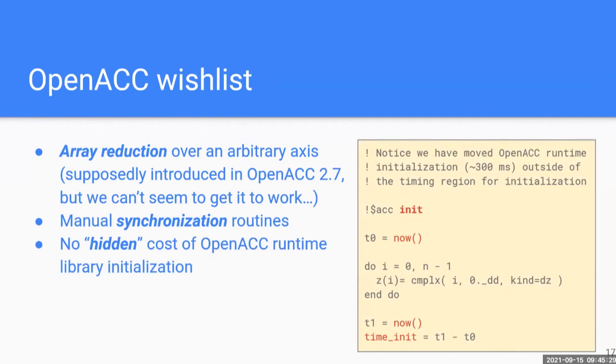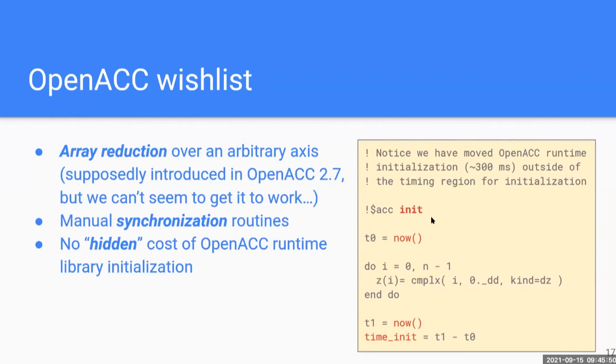So the library is initialized when the first call to OpenACC is performed. In our case, that was the host to device memory transfer, so we had to isolate that and put it outside of our timing. This is about 300 milliseconds, so it is quite a big chunk of initialization.